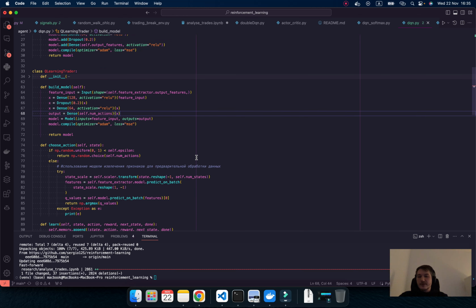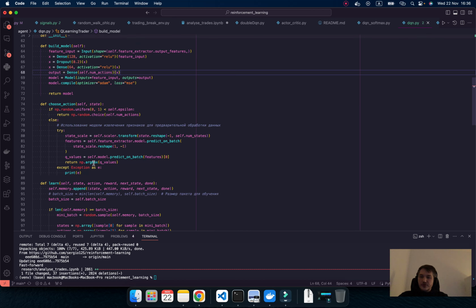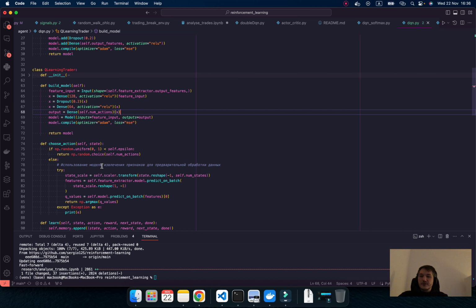If I implement double Q-learning, it would be a truly working neural network, and I can achieve more stable results. Or for example, if I implement an actor-critic model, I think it would work better in this case. But we need to test everything to understand that it's working, and if something is not working, we will understand where we have a problem.